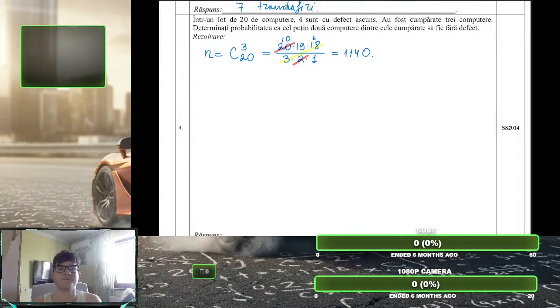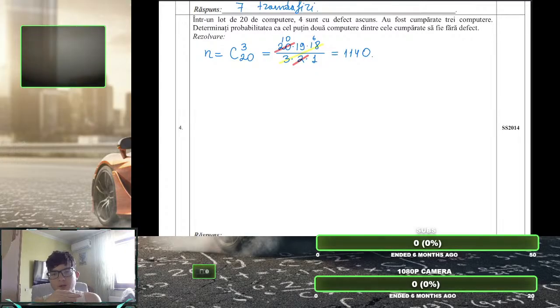And after this, at least 2 computers to be without fault. So you just write down plus is computer without fault, minus is with fault. So plus plus minus, that's probability. Minus plus plus, or plus minus plus, or plus plus plus. Those are all the cases. So 4 cases in total.